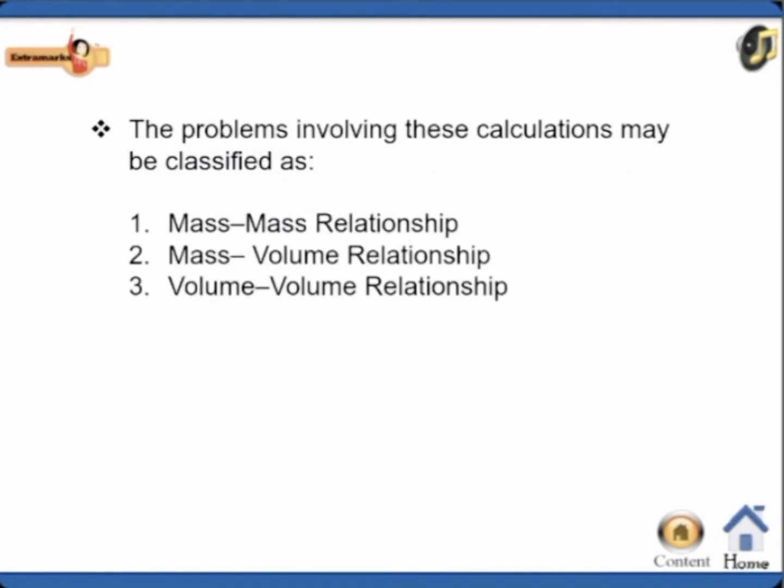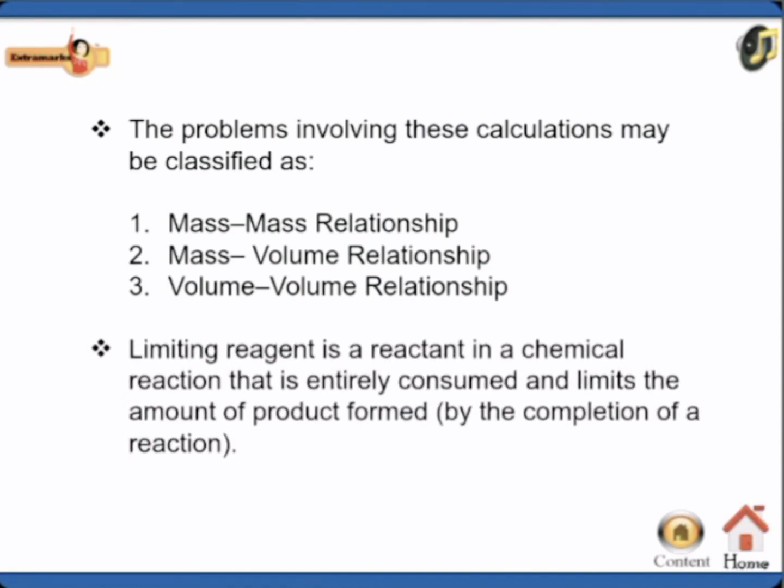The problems involving these calculations may be classified as mass-mass relationship, mass-volume relationship, and volume-volume relationship. Limiting reagent is a reactant in a chemical reaction that is entirely consumed and limits the amount of product formed by the completion of a reaction.